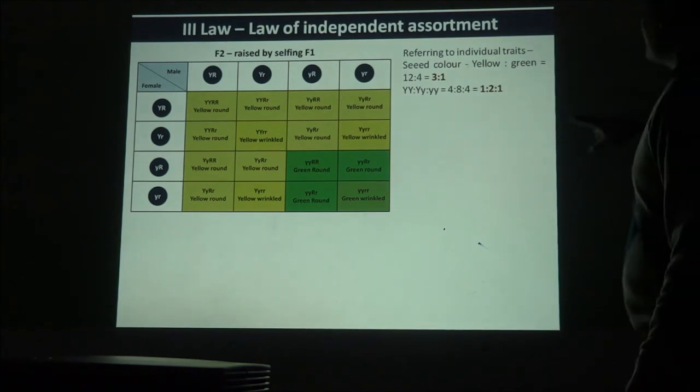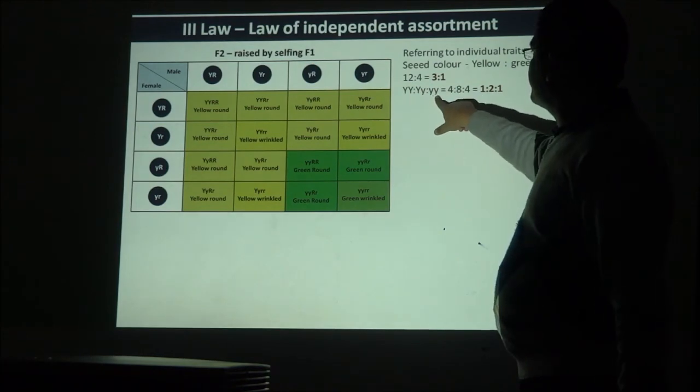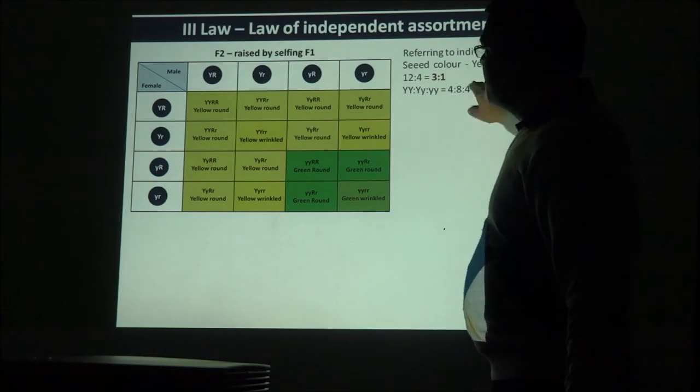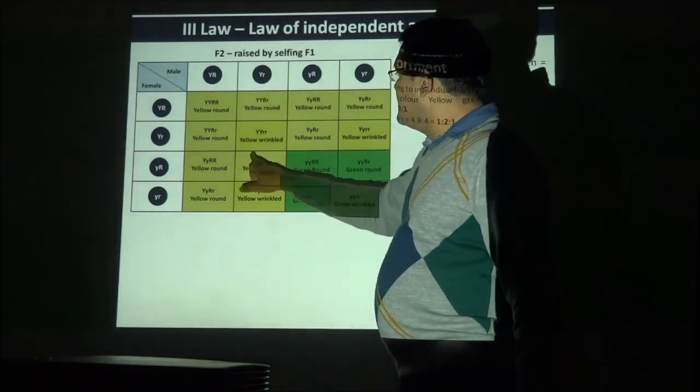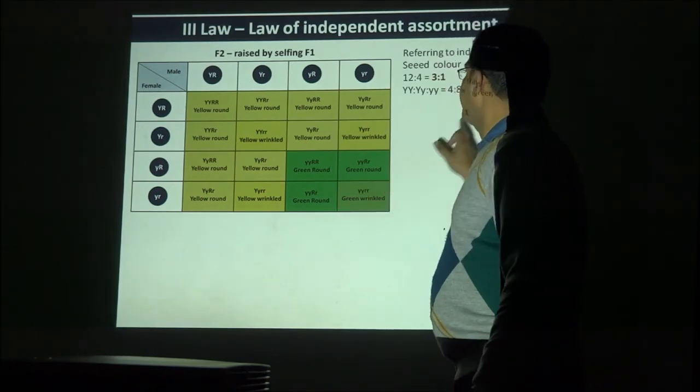And if you look at the genotype, homozygous dominant versus heterozygous versus homozygous recessive, the ratio is 4:8:4, or 1:2:1. So these four are homozygous dominant, these are heterozygous, and these are homozygous recessive.